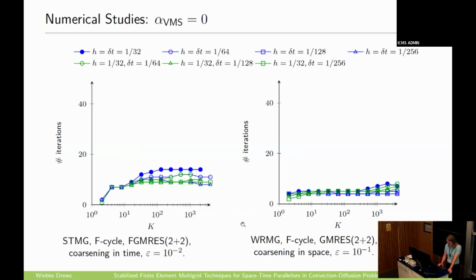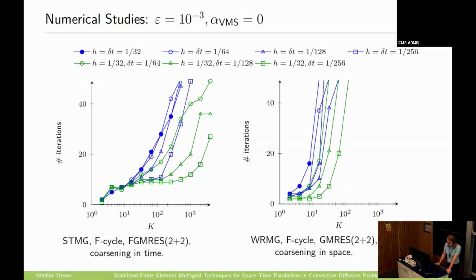One difference here: we use the FGMRES, the flexible GMRES, because we have another multigrid in space inside of the multigrid, and there we use the GMRES smoother again, and therefore the preconditioner changes. So we need flexible GMRES here, and here we just simply use the GMRES as well. We now reduce our diffusion coefficient. We see that these methods have some problems.